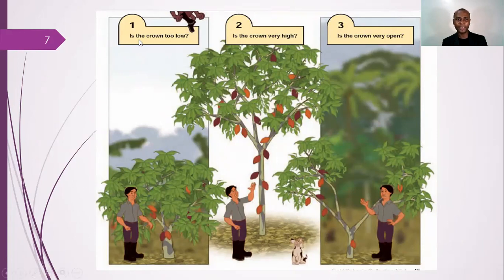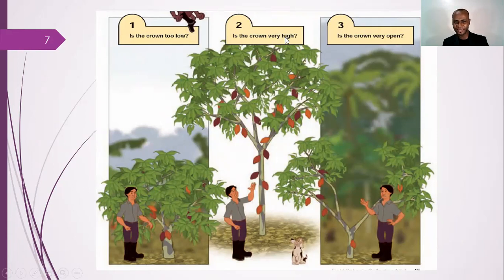In picture 1, the question is, is the crown too low? The answer is yes, meaning that this tree was not properly trained. In picture 2, is this crown too high?